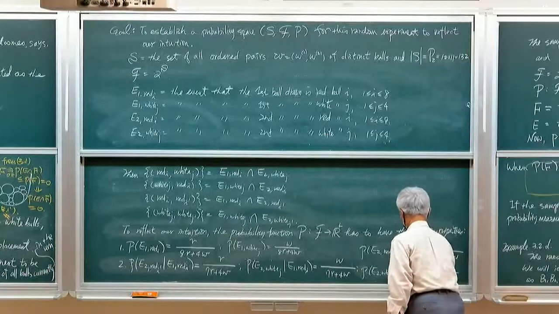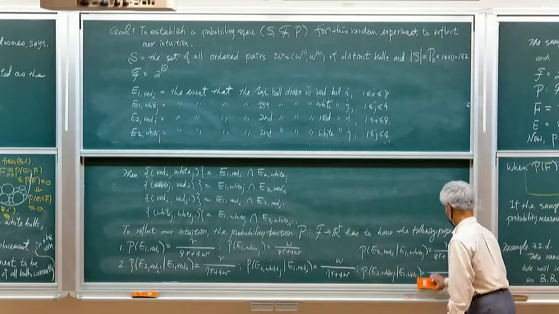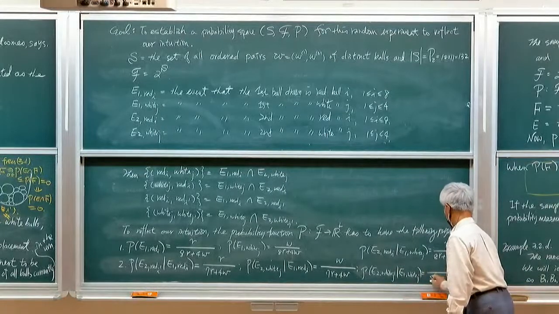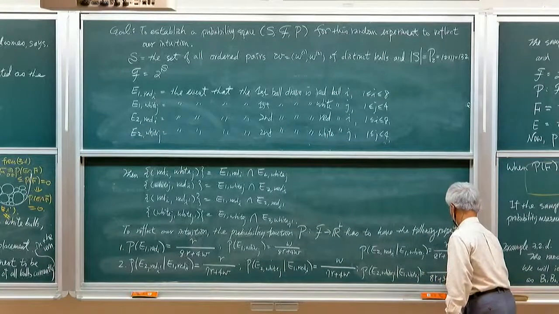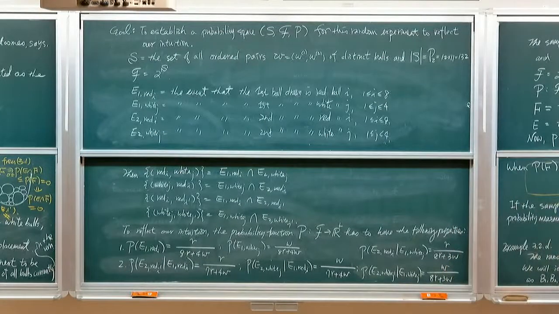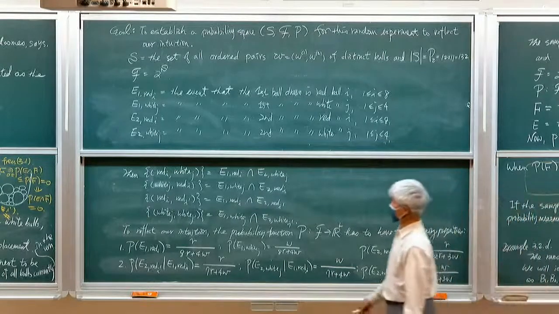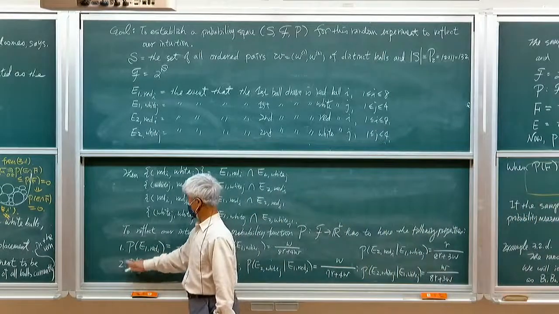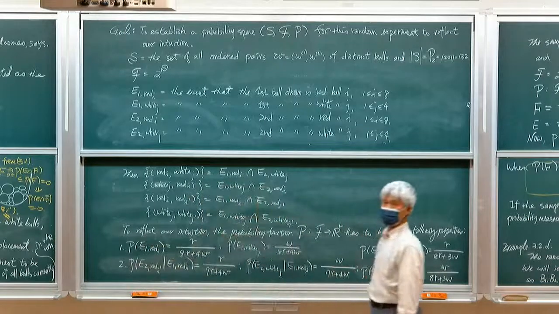White J prime, white J, okay. So we have 8R plus 3W and W here. Okay, so these are from our intuition.